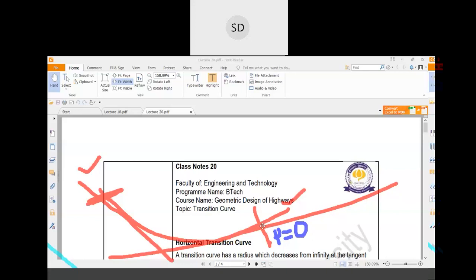But as soon as the vehicle crosses that particular cross section, suddenly centrifugal force would be acting over there. So at that point, your centrifugal force would be P equal to W V square divided by G into R.